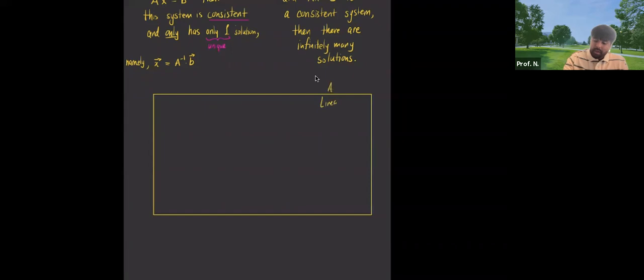Make believe this whole rectangle represents every system that ever existed. Of course we have two cases: either it's consistent or it's not. So either we have an inconsistent system, or we have consistent systems.